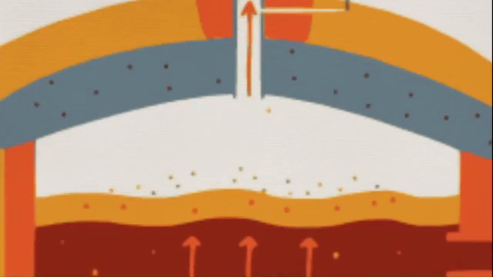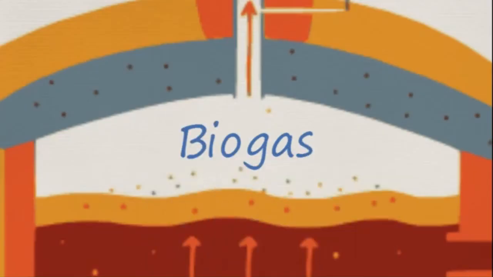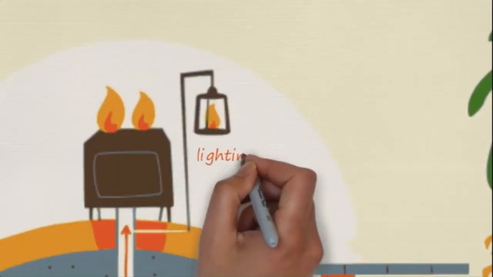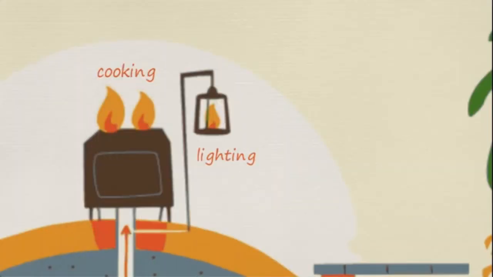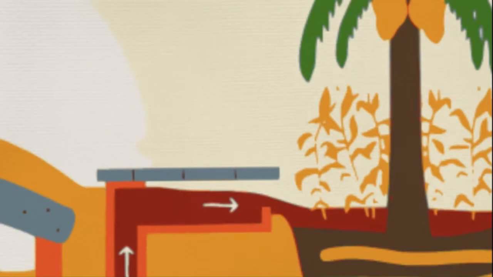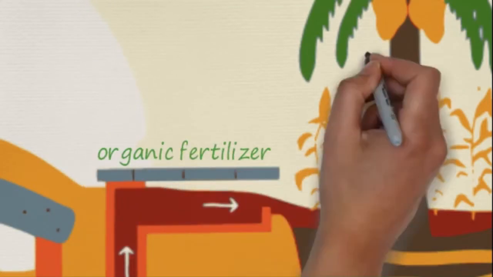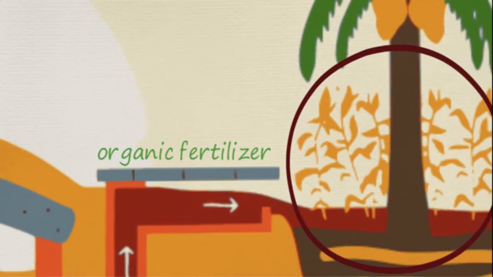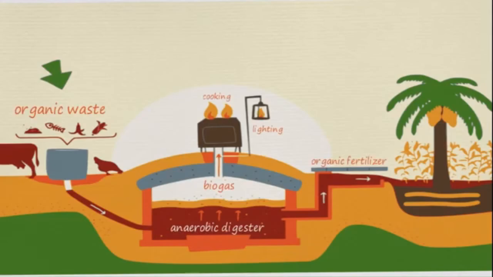The first product is a clean gas called biogas. It is used mainly in rural areas for lighting, heating, and cooking. The second one is a high-quality organic fertilizer, which is used by farmers for their plants to replace chemical fertilizer.